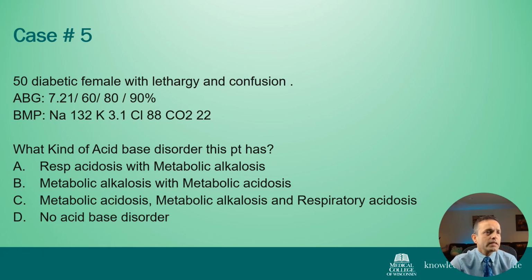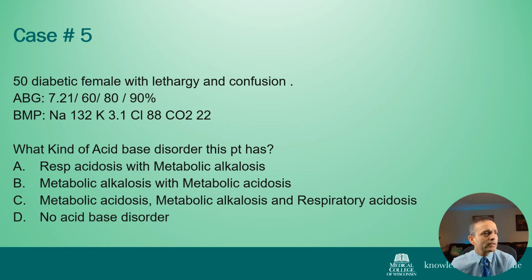So let's solve case number 5. So this is a 50-year-old female with lethargy and confusion. As you can see here, ABG shows pH of 7.21, carbon dioxide 60, and this is BMP. So what kind of acid-base disorder does this patient have? So let's solve this case.